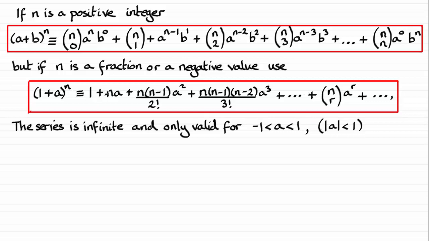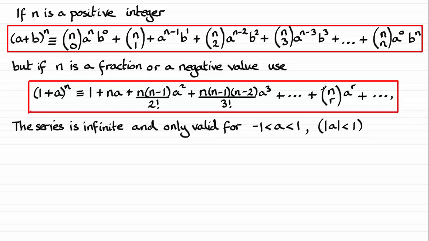Now I'm giving you this formula and its validity without any proof. All we need to do is to be able to use it. You might also see this in textbooks, not written as 1 plus a to the power n, but 1 plus x to the power n. Obviously the a is being replaced with an x.